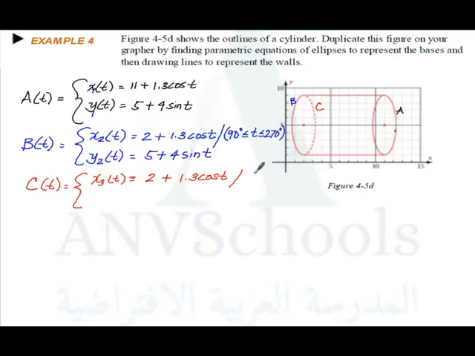So t is greater than or equal to 90 degrees, but less than 270.